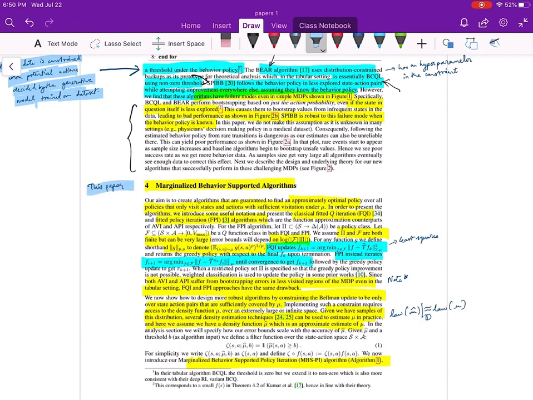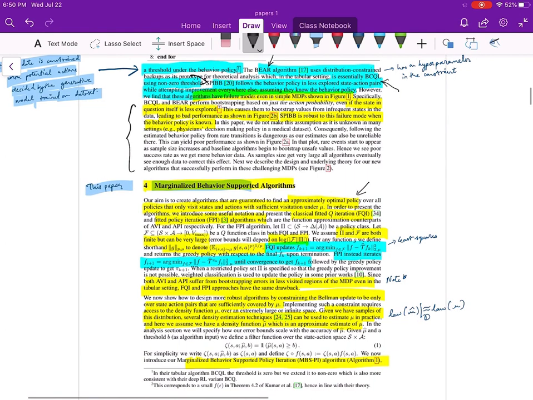Marginalized behavior supported algorithms. Let's try to decode these keywords later. Our aim is to create algorithms, the API versions. Since they're using function approximation, FQI and FPI are the counterparts of AVI and API.